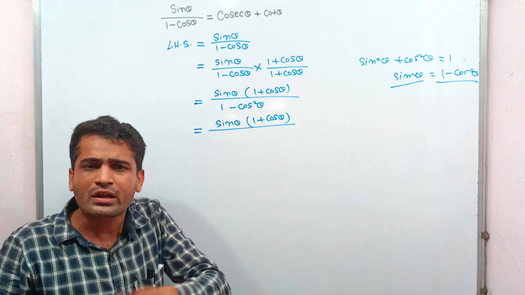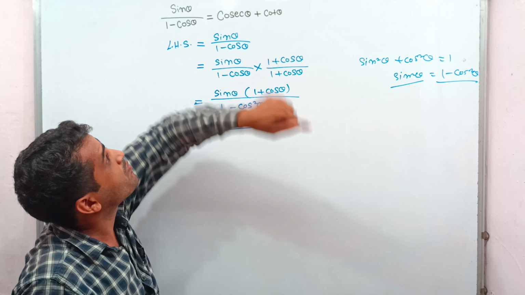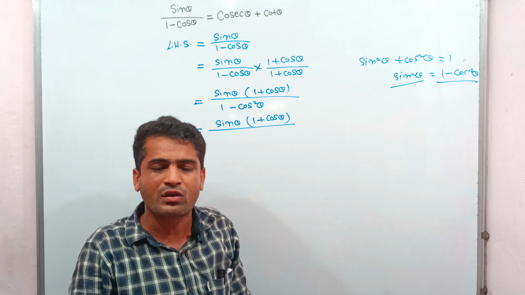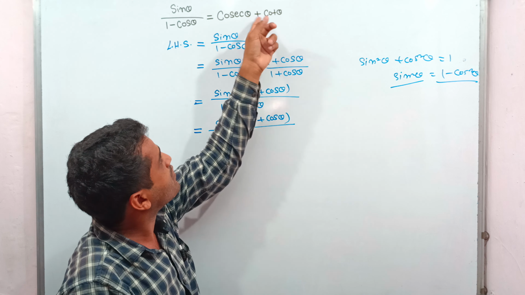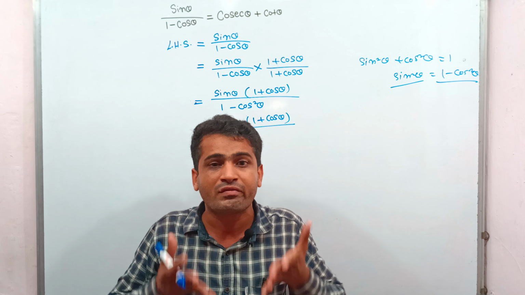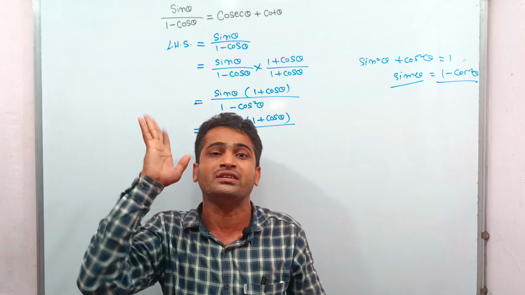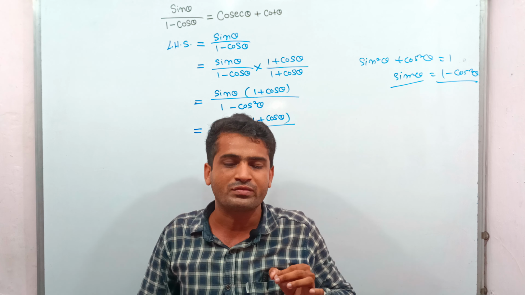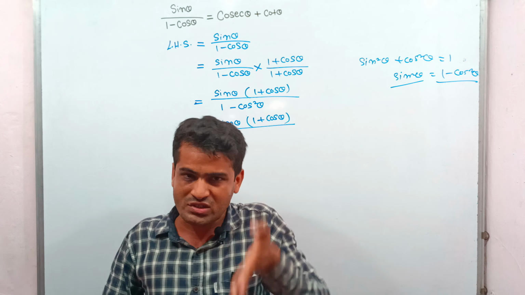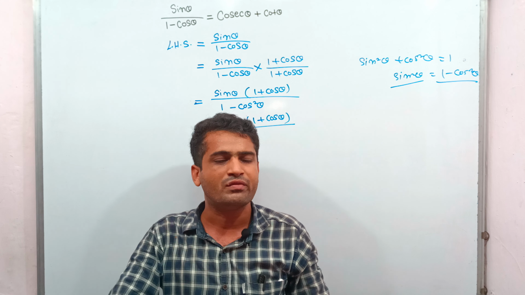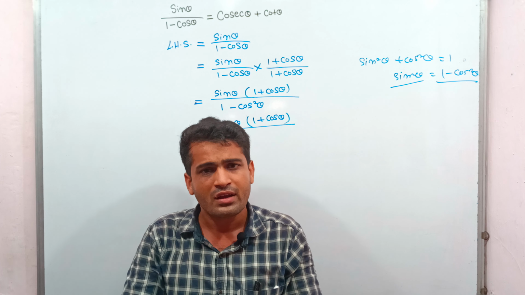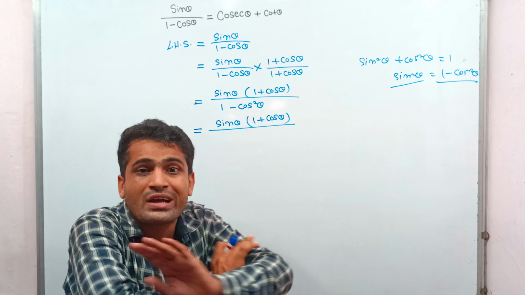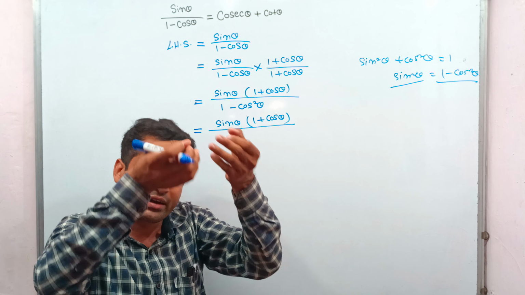Why are we able to write sine square theta? Because according to what we are going to prove, we are going to prove cosec theta plus cot theta. To find cosec theta, in the denominator we need sine theta, and for cot theta we also need cos theta upon sine theta. It means in the denominator we have to find sine theta, and here is given 1 minus cos square theta. We don't need cos square theta in the denominator.